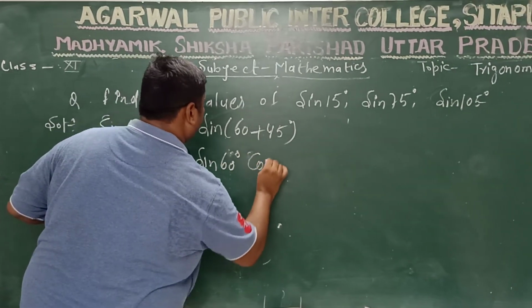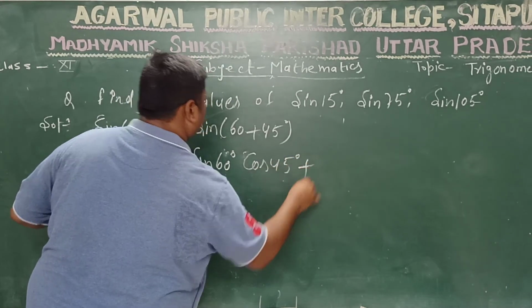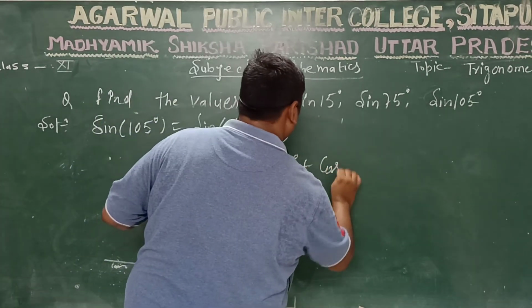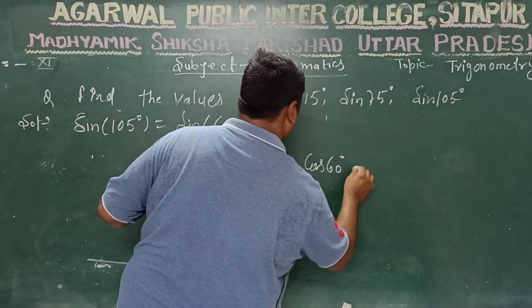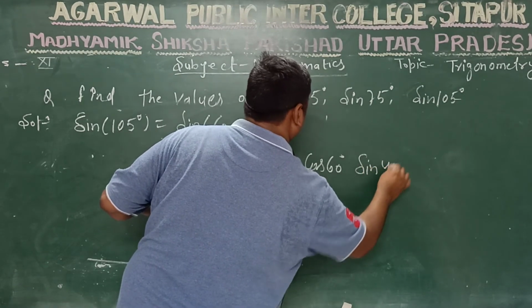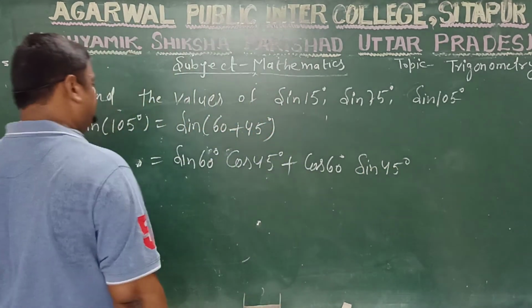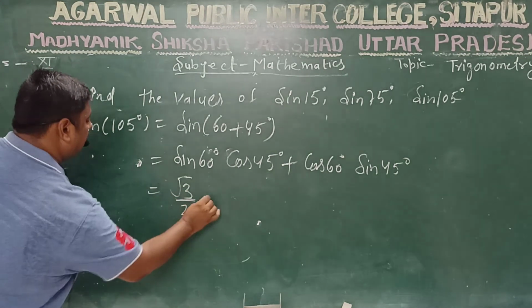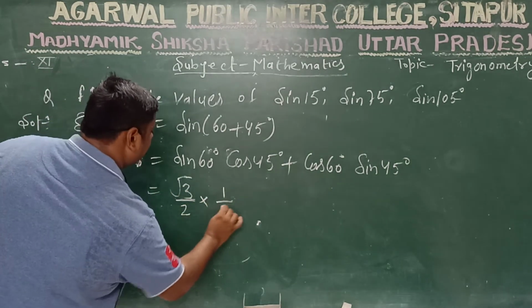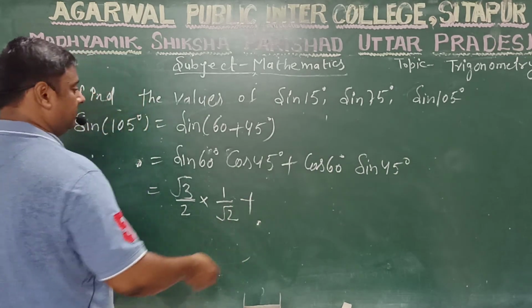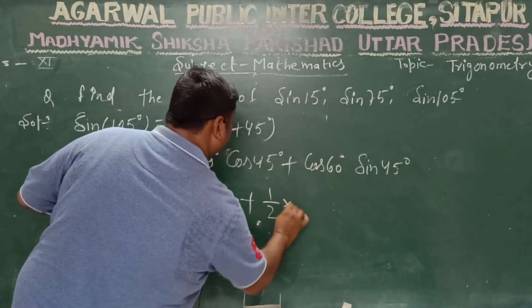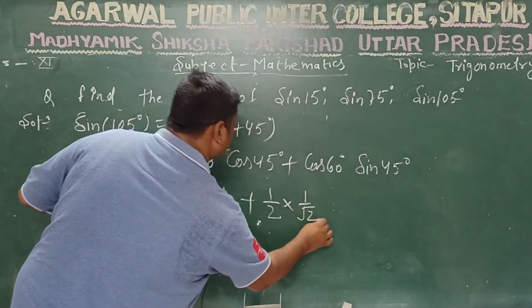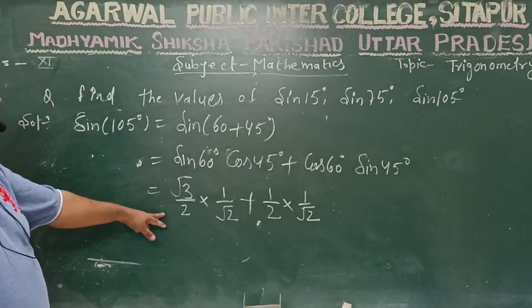Sin 60 cos 45 plus cos 60 sin 45. Sin 60 is root 3 by 2, cos 60 is 1 by 2, and sin 45 and cos 45 are 1 by root 2.